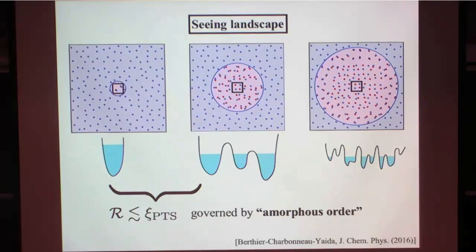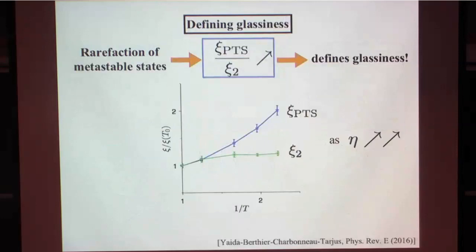It's an ordered state in the sense that it's dictated by the environment you have, but the environment itself is an amorphous state. So each time, this order is amorphous. That leads to the name amorphous order, which seems like an oxymoron, but that's the way it's called. Okay. If you got this message, then you're basically good to go. So let's have fun.